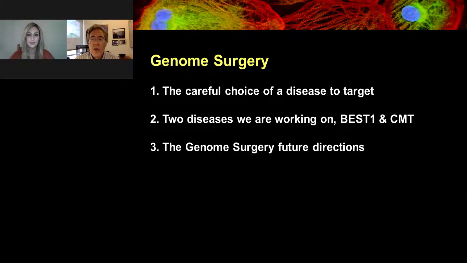And so we'll know, as a proof of concept, whether or not this type of editing can be used to treat disease. And this will be important because these are incurable diseases that will potentially have a permanent sort of solution.